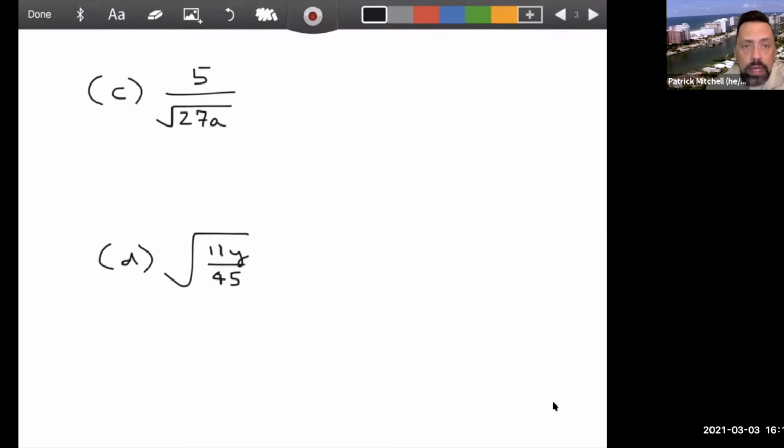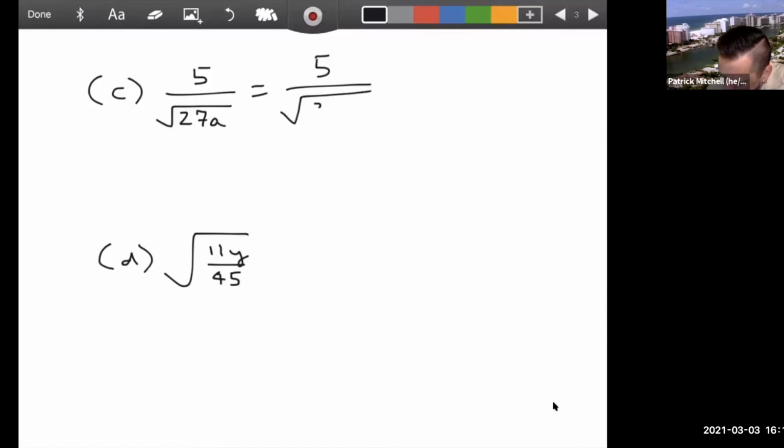Now for this one here, 5 over the square root of 27a, I would suggest simplifying the radical first. Notice that the square root of 27a is not in simplest form because 27 has a perfect square factor 9, right?